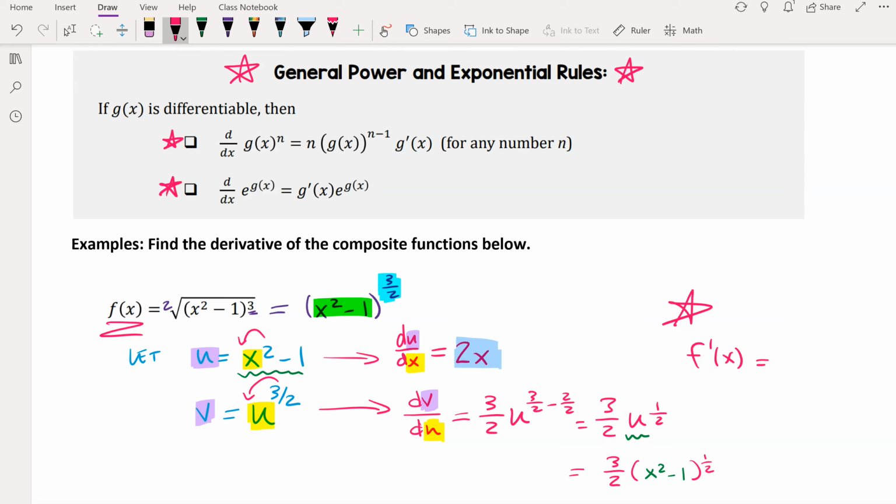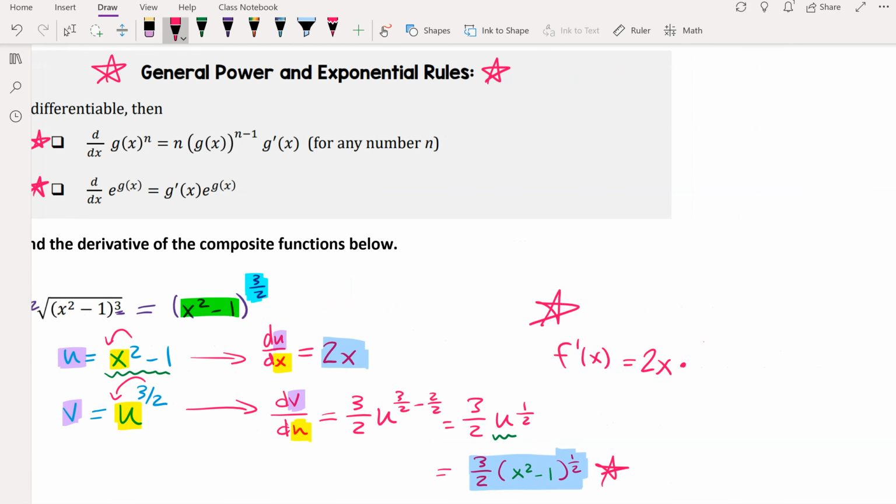F prime of x equals the first derivative, 2x, that's here, times the second derivative, this one. So let me write that, times 3/2 x squared minus 1 to the 1/2.